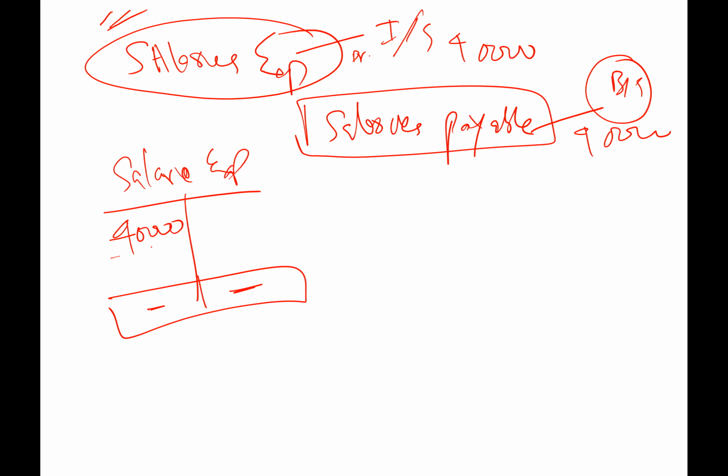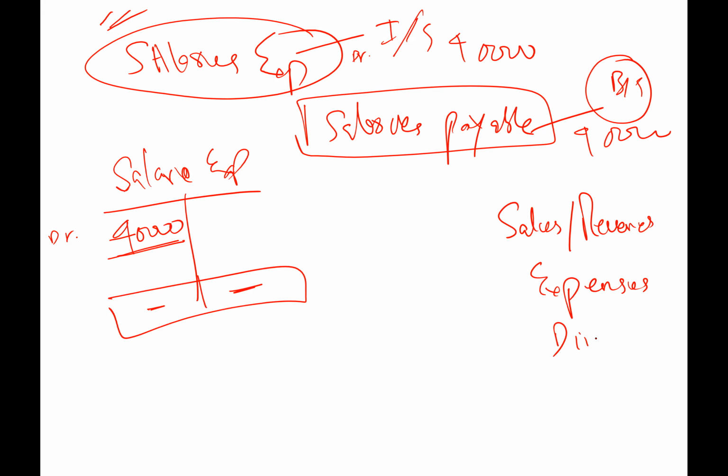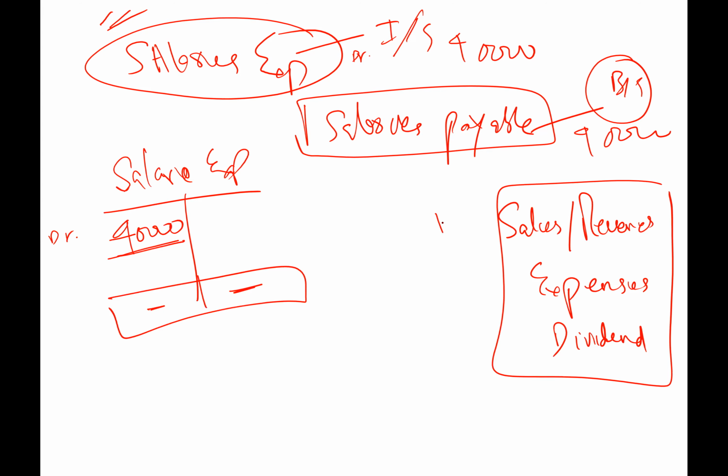But here we have a debit balance, right? So all the expense or all those accounts, sales or revenue, expenses, they are basically income statement items, right?